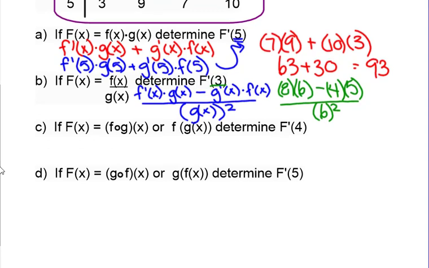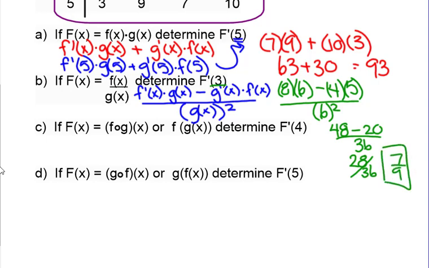So now if we simplify that one, 6 times 8 is 48 minus 20 all over 36. So we've got 28 over 36, which if we look at common factor, probably the largest one is 4. So 7 over 9.